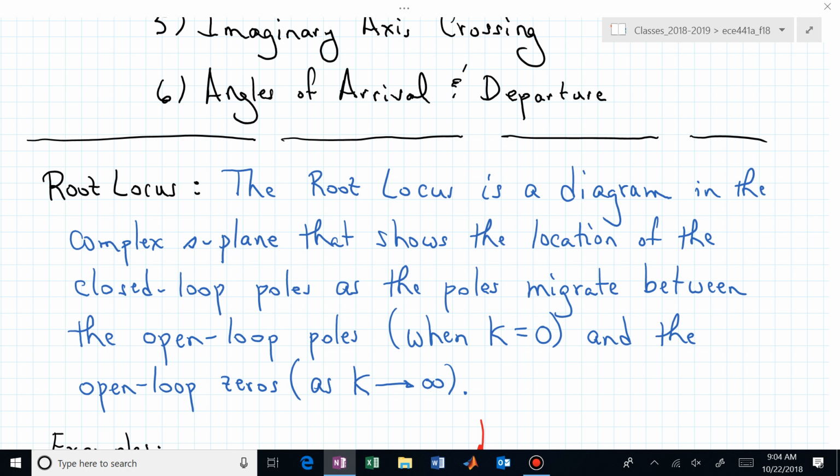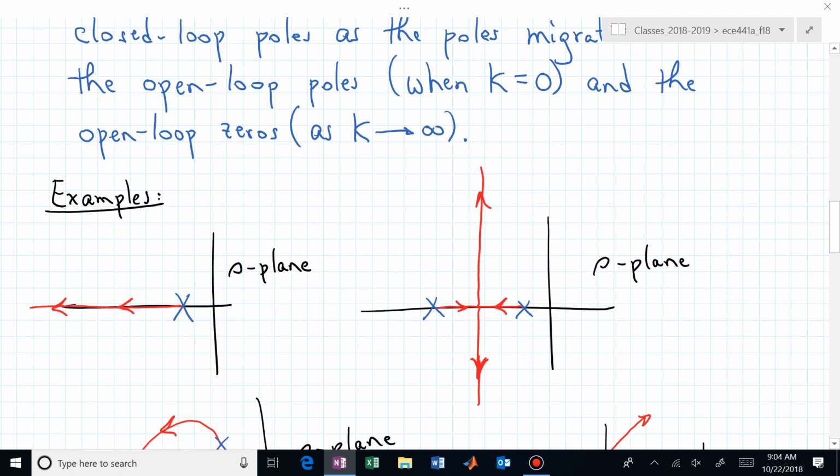And as we adjust k from 0 to infinity, we want to know what is the pattern that is associated with the closed loop poles, and that pattern or sketch is the root locus diagram.